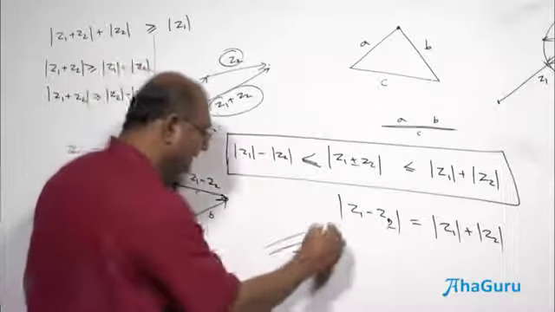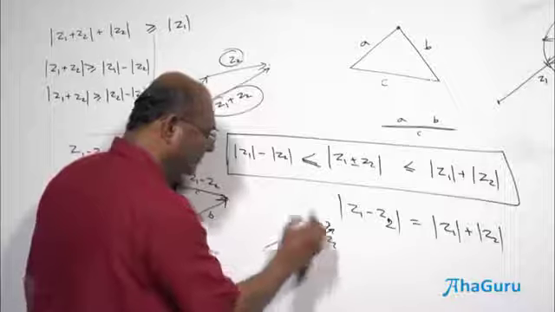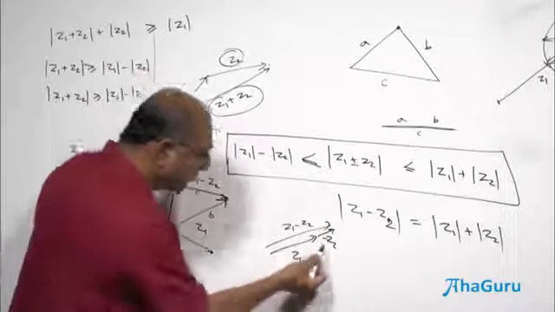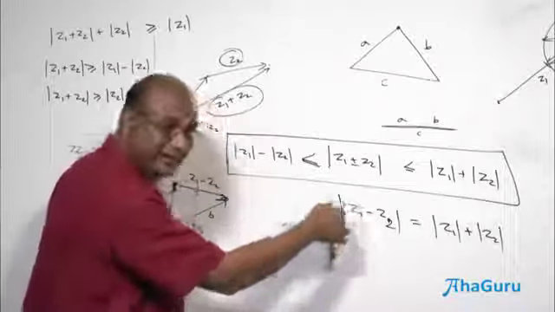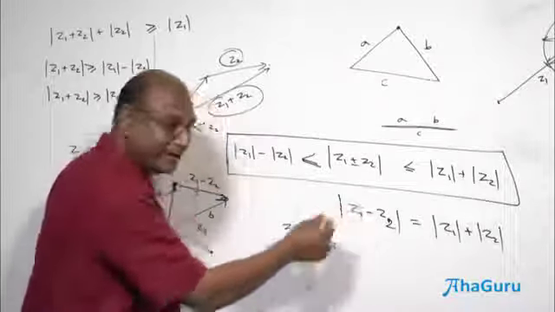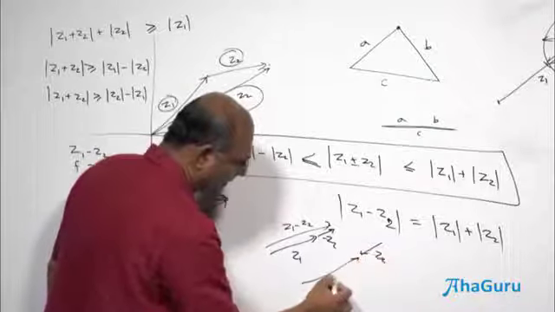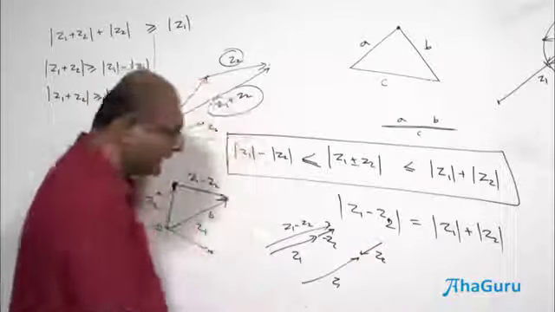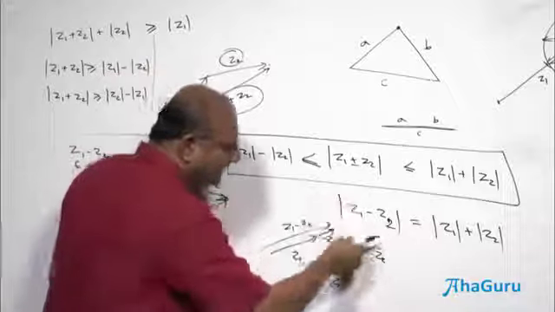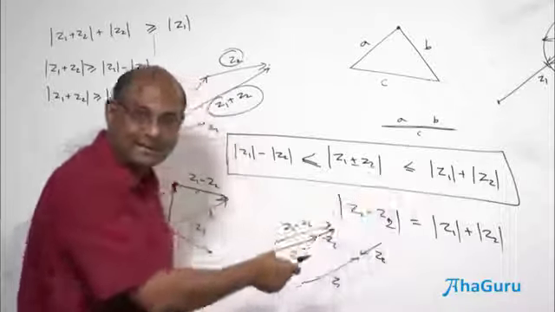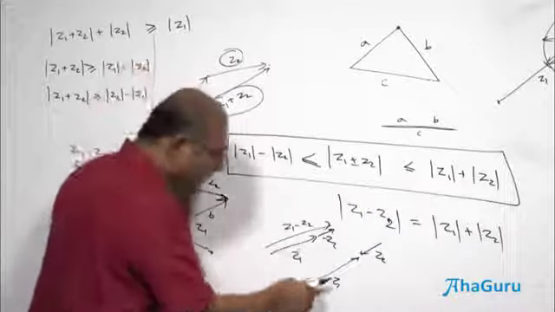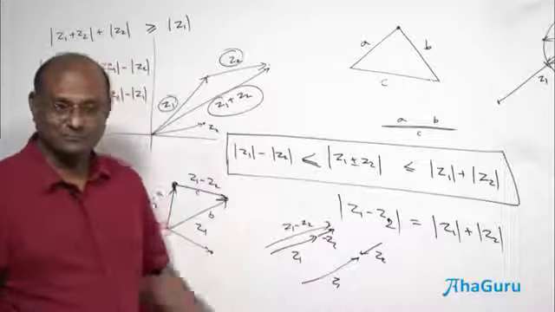So that this length is Z1 minus Z2. Okay, so what is the direction of Z2? This way. So when Z1 is this way and Z2 is that way, then Z1 minus Z2 will be as long as magnitude of Z1 plus magnitude of Z2.